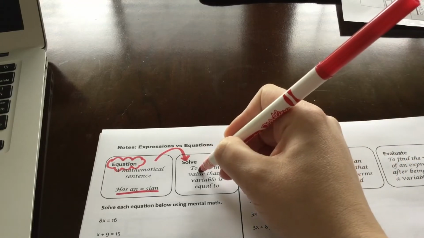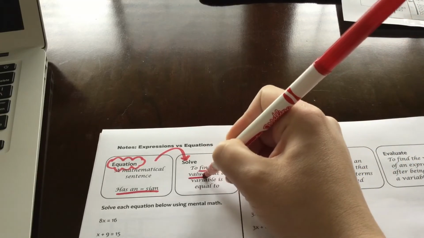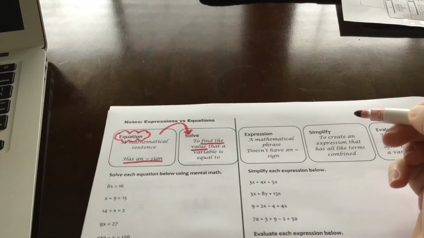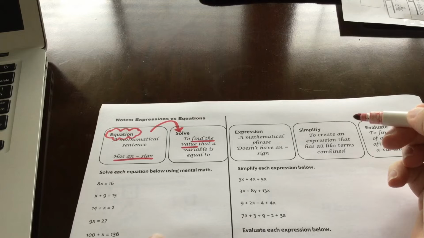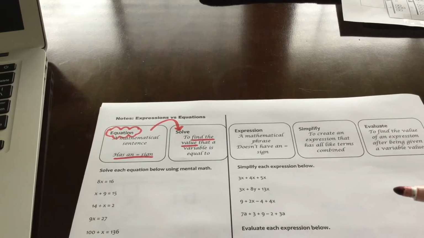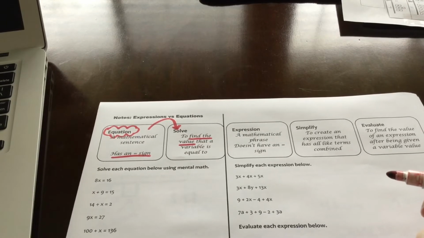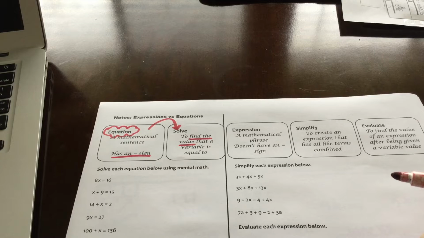Solving is when you find the value that the variable is equal to, and you can do that by working backwards. The ones that we're going to look at, you can use mental math to help you solve because I incorporated some basic math facts into it. When we move forward and we're going to do more formal algebra, you get to a point where you won't know how to do some of them using mental math and you'll need other techniques.